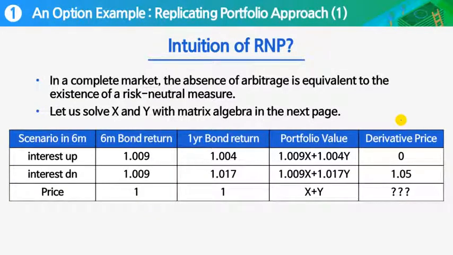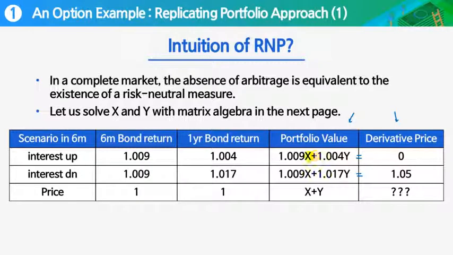Okay. So in a complete market, the absence of arbitrage is equivalent to the existence of risk neutral measure. Here it is a complete market because we can replicate derivative price with 6 months bond and 1 year bond. So anyway, because we want to match this one over here and this one, which means that we want to make this one equal to 0 and this one equal to 1.05.